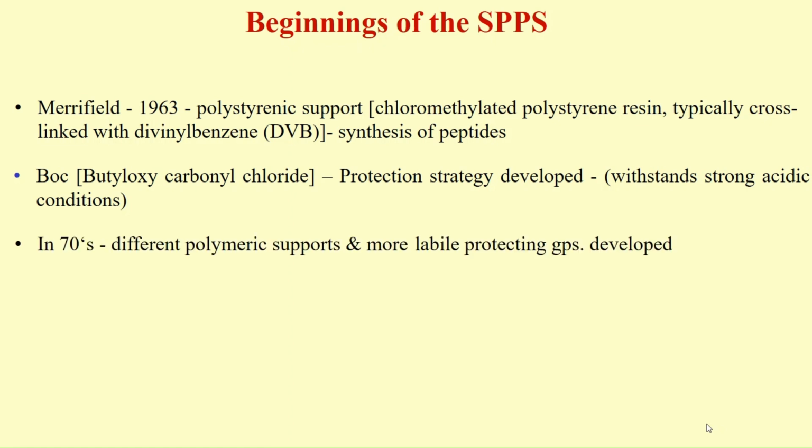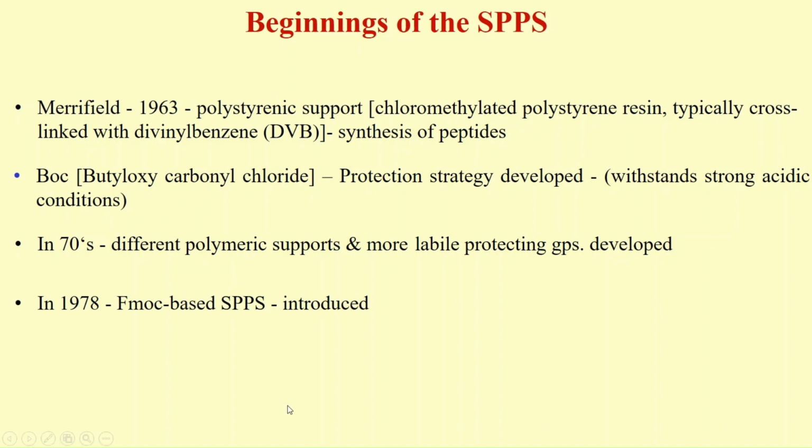Later on, various polystyrenic supports were developed, and these polystyrenic supports were more labile, more easily cleaved, and many protecting groups were also developed which are more easily cleavable. In the year 1978, Fmoc based SPPS was introduced.